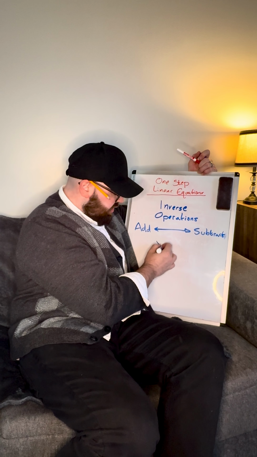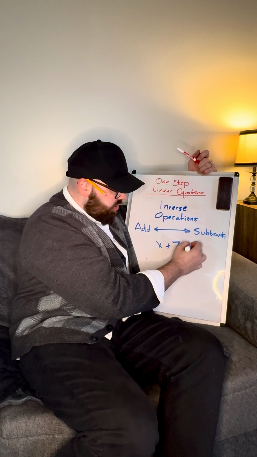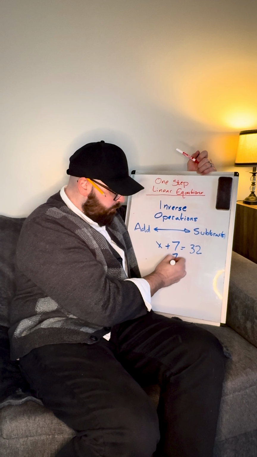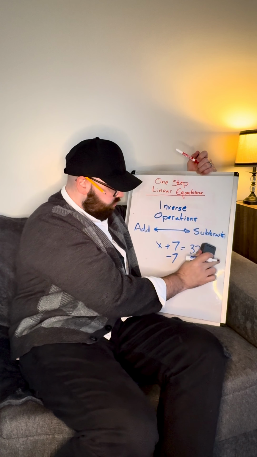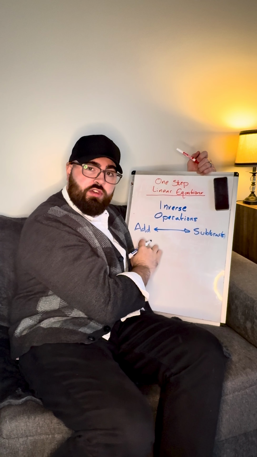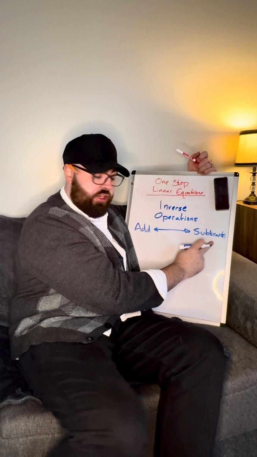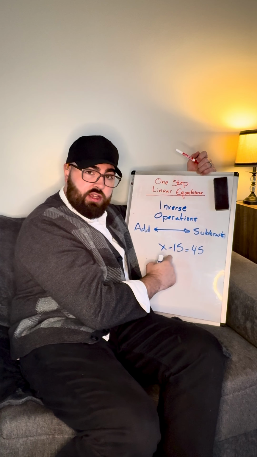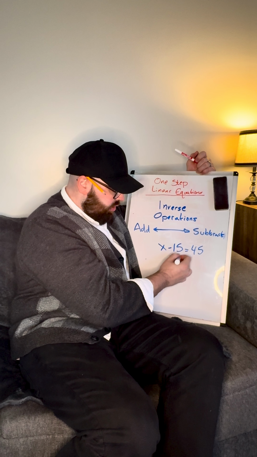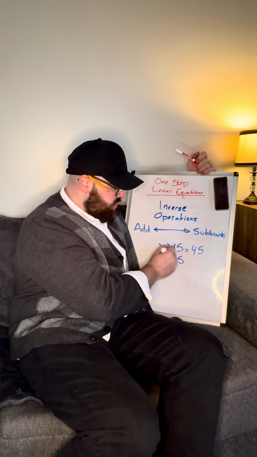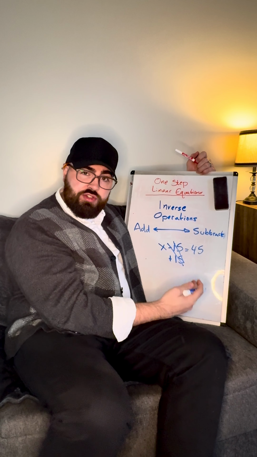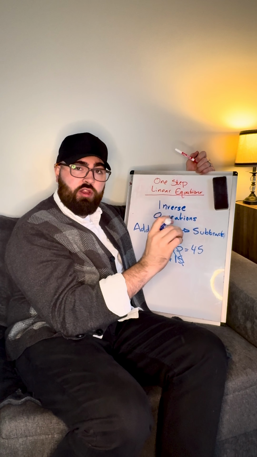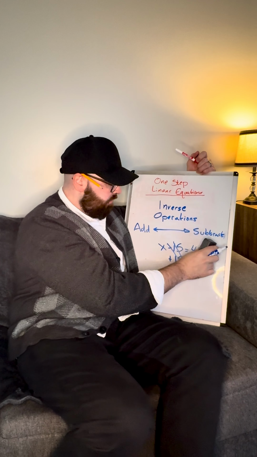So if you have x plus 7 equals 32, this is a plus 7, so we minus 7. Vice versa, if we have a subtraction in our problem, x minus 15 equals 45, this gets a plus 15. Sometimes you can think about them like integers: when you have a positive and a negative 1 together, we call them a zero pair, so they cancel each other out.